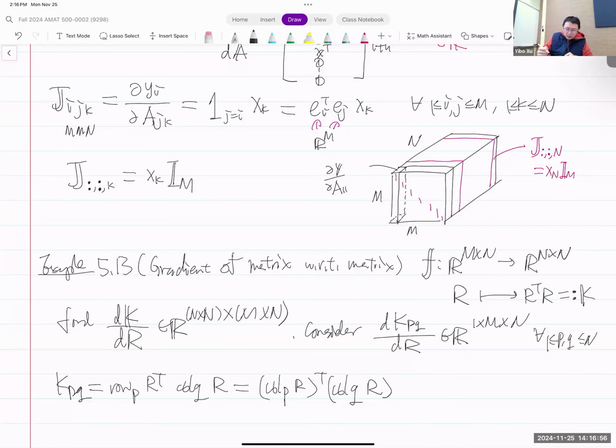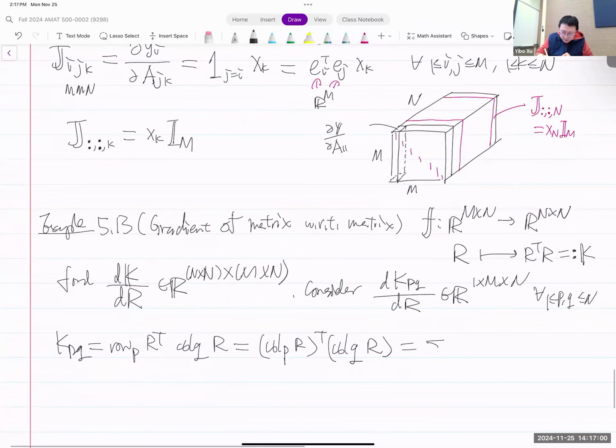Writing it as a sum, every vector is m dimensional, so it's the sum over k from 1 through m of R_kP times R_kQ, since the column index is P or Q.